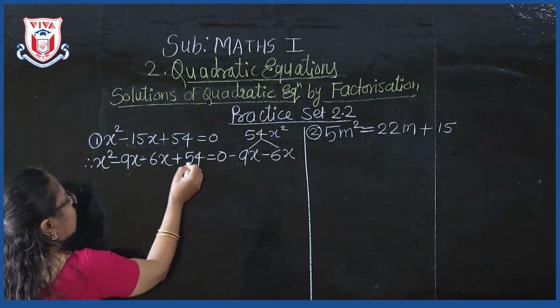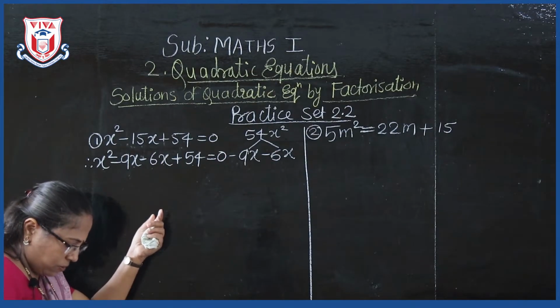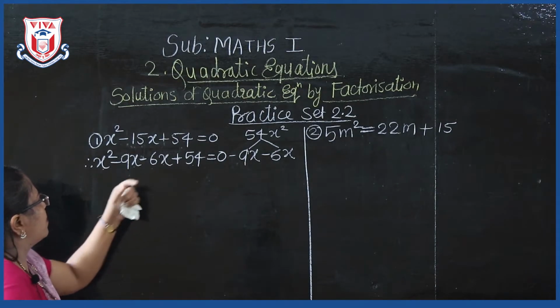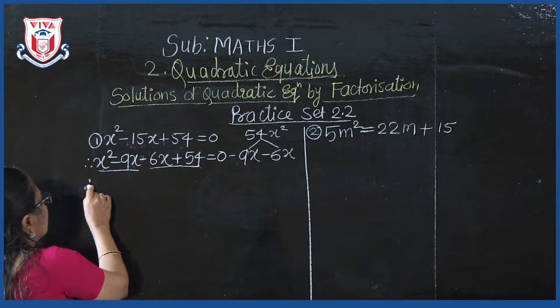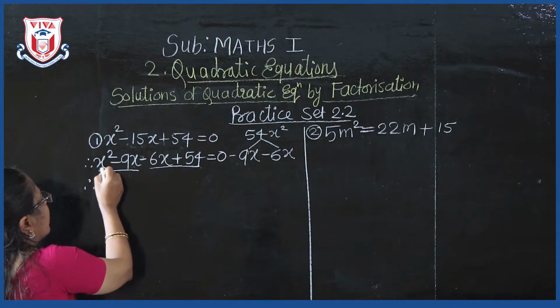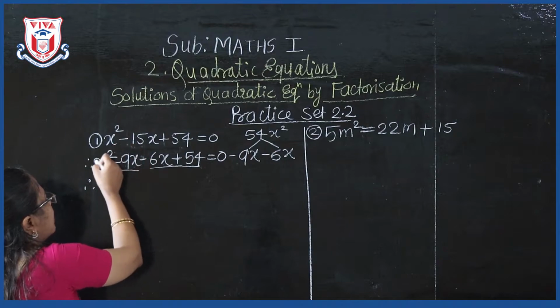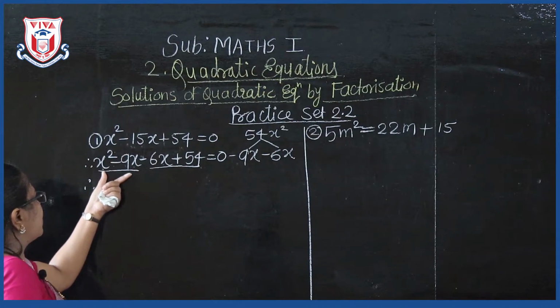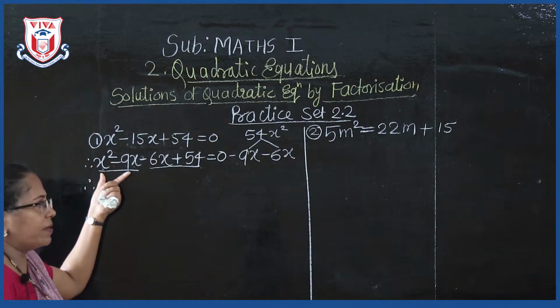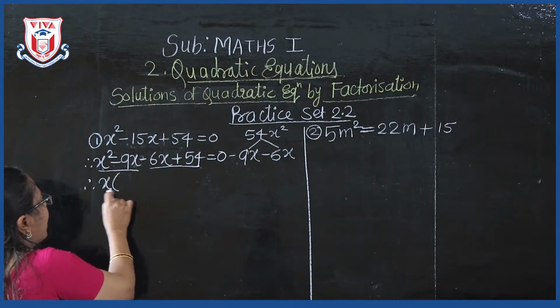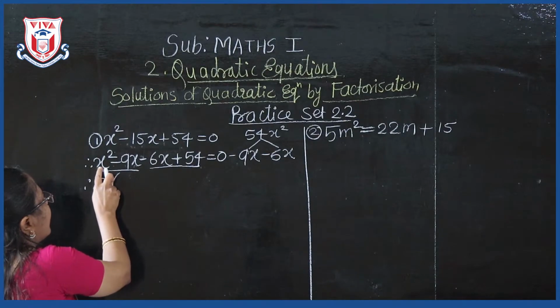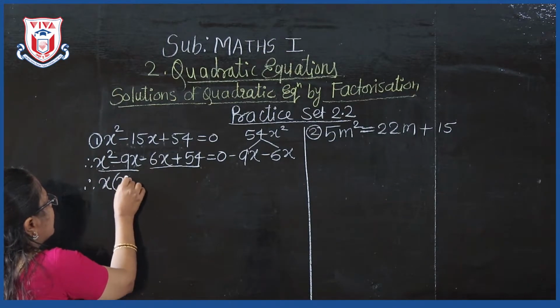Now we got 4 terms, so we have to make groups of these 4 terms. In the first group, x square minus 9x, this is a binomial. So let us find the factors of this binomial. The common factor of this binomial is x, so in the bracket we will get x minus 9.